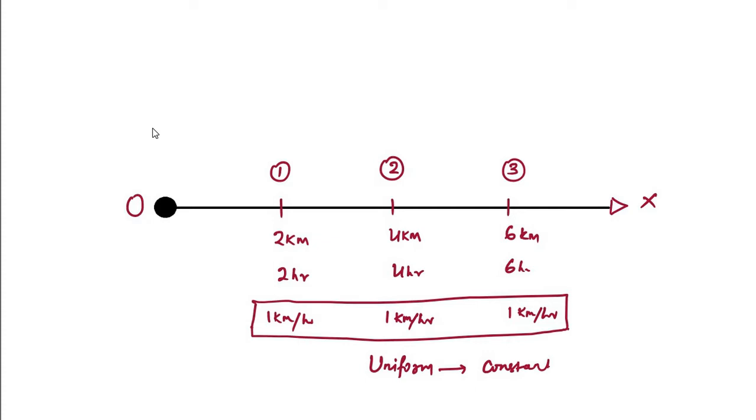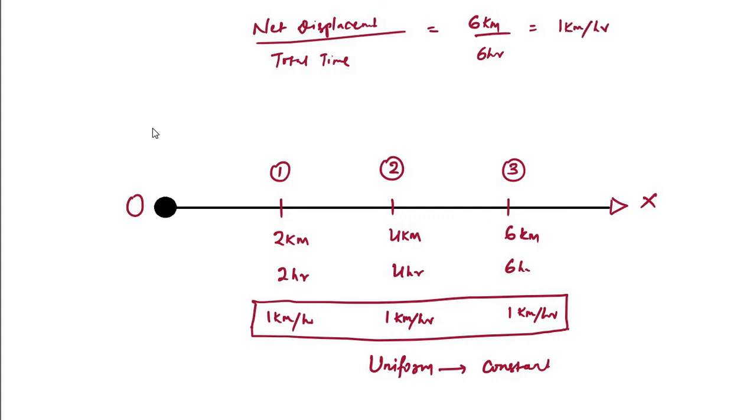And at last, net displacement by total time, total displacement is 6 kilometers, total time is 6 hours, so 1 kilometer per hour is the average velocity for the entire journey. Now if you want to calculate, let's say, for the interval from time instant 1 to 2, what is the velocity?